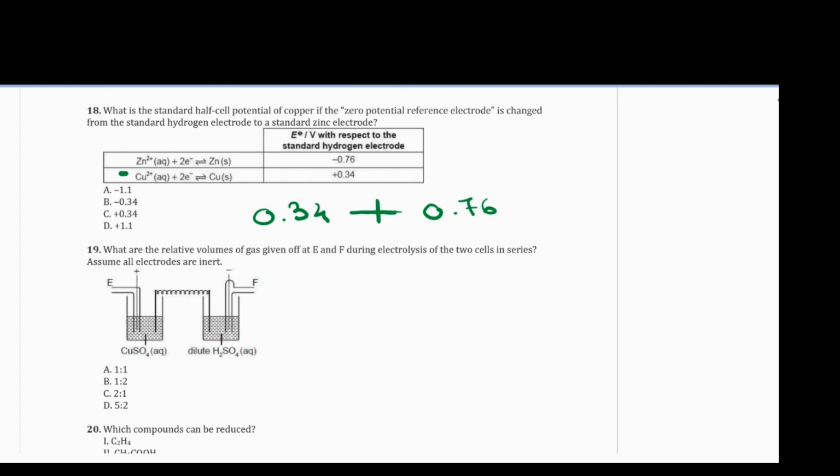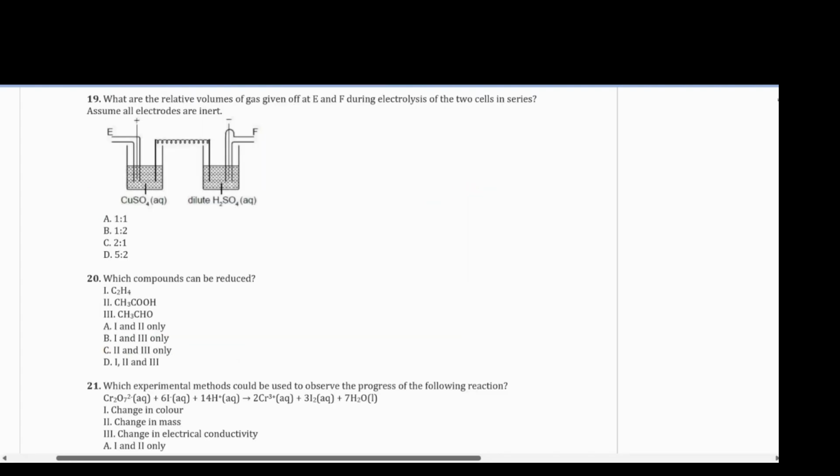These are going to add, and so we're going to get D. Now, had the standard that we're changing to been more positive, we would have actually got the opposite answer, which is A. So keep that in mind for other similar questions.